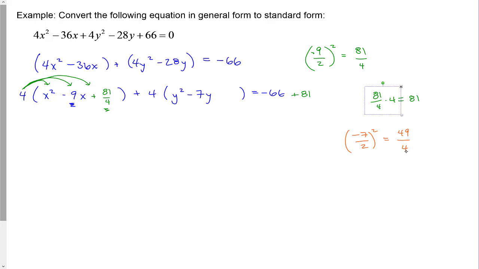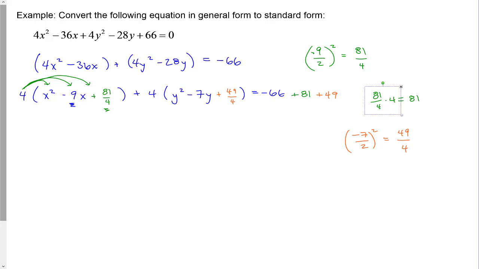Again, just square the numerator and denominator separately. So right here, I would be adding 49/4. But again, everything in this set of parentheses is multiplied by this 4 right here. So 4 times 49/4 is 49. So in effect, I would be adding 49 over here on this side of the equation.